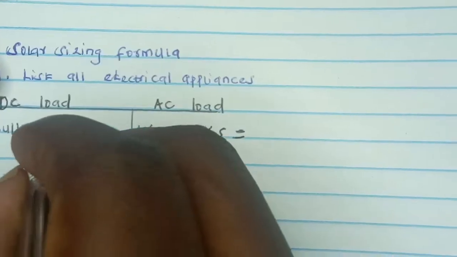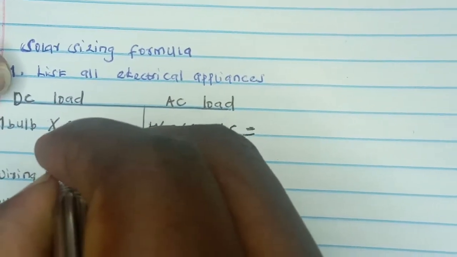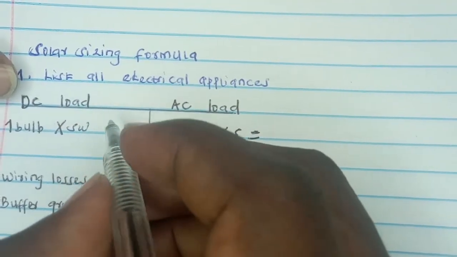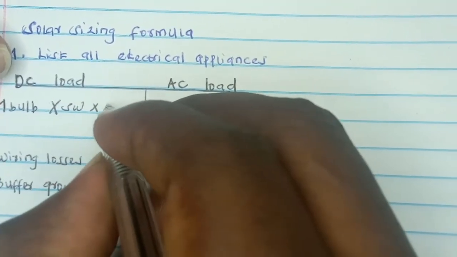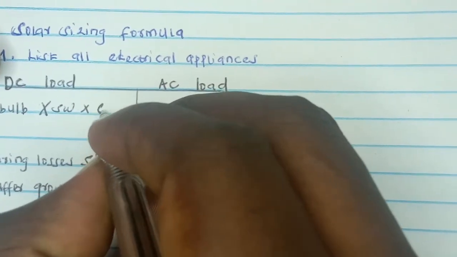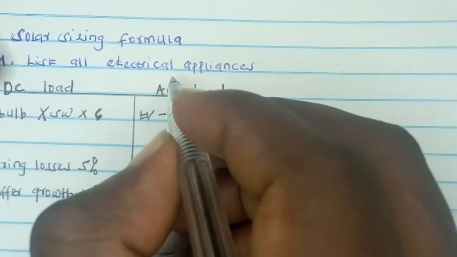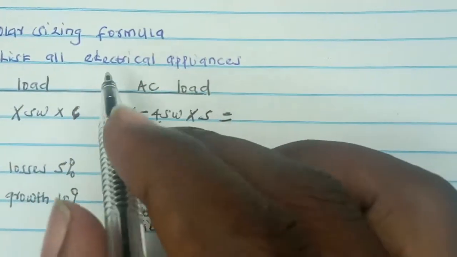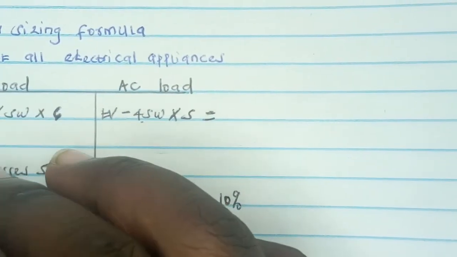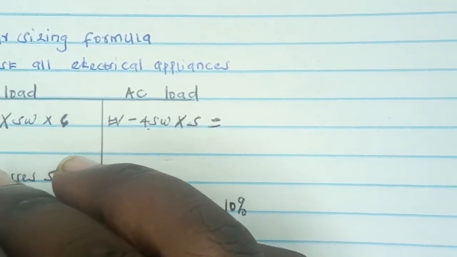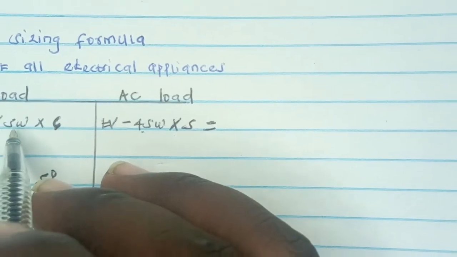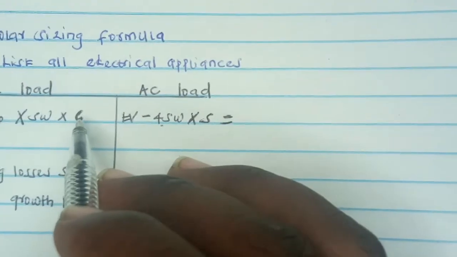So most bulbs are rated at 5 watts, and you multiply with the hours we shall be using the bulb, maybe say 6 hours. If you have more than one bulb, you will indicate it here, maybe 3 bulbs times 5 watts times 6 hours.